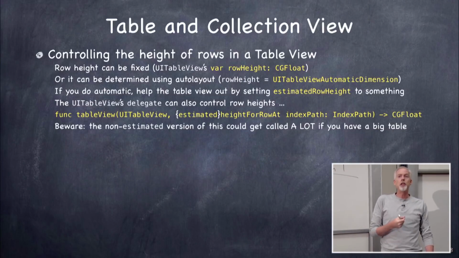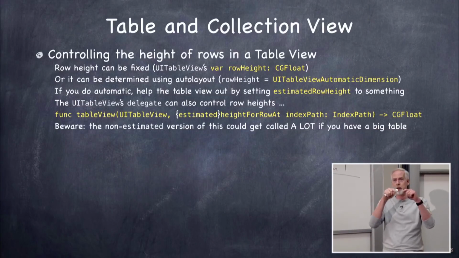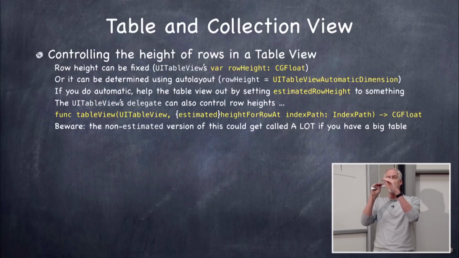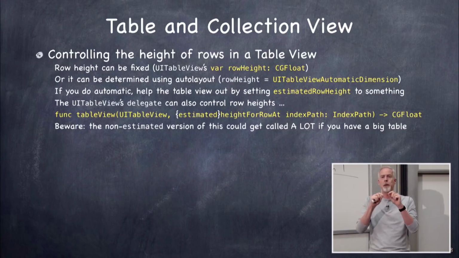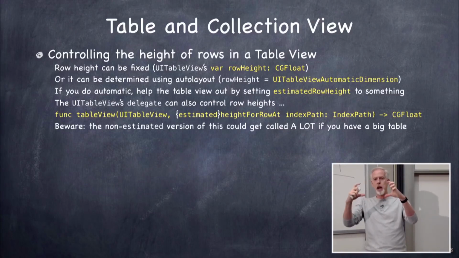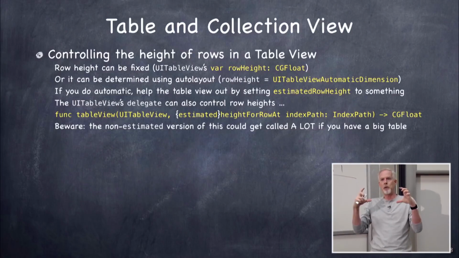The second one is setting the row height using auto layout. So you've got a complicated thing, and maybe sometimes a fruit has a lot of detailed information, so the cell needs to be big, and sometimes the fruit has very little and the cell will be small. So you set up your auto layout properly so that it's pushing out on a generic view. You're going to put a generic UIView as the top-level view in your row, and then put all your stuff inside, and then have constraints that push that generic view out.